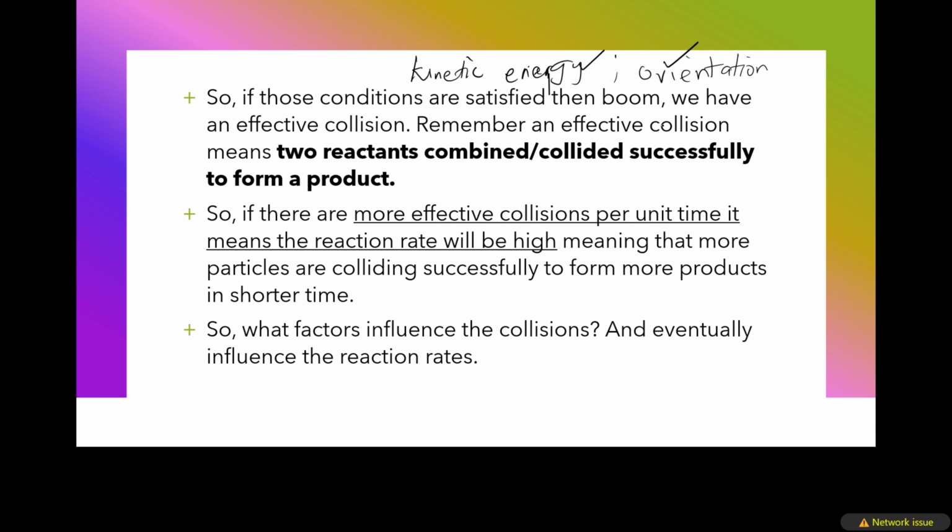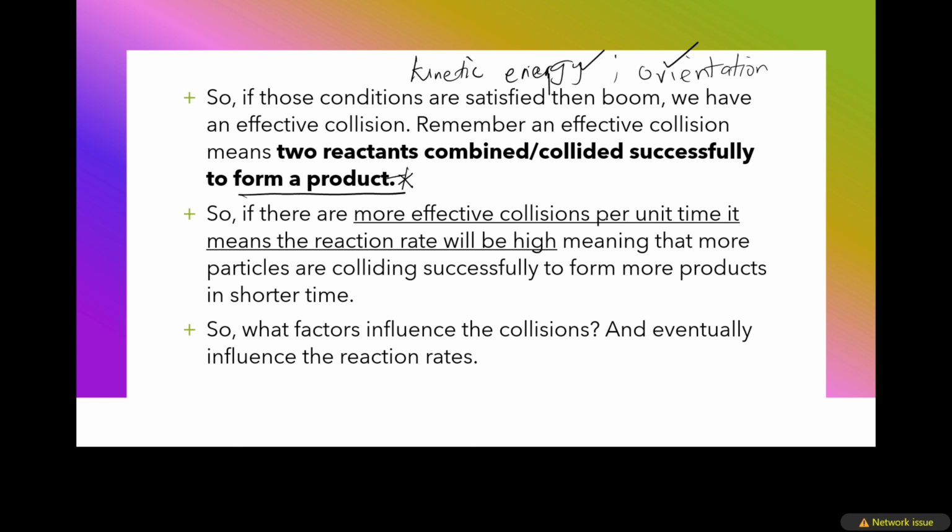So if those conditions are satisfied, then boom, we have got an effective collision. So remember, an effective collision just means 2 reactants combine successfully or collide successfully to form a certain product. So if they don't have enough kinetic energy, they won't be able to combine successfully, or if they are not in the correct orientation, they won't be able to combine successfully. So there won't be any product formed.